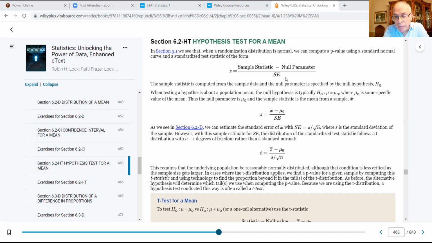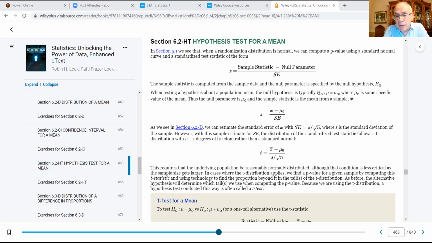Now in this section, and in chapter 6 in general, we're going completely away from StatKey, and we're using formulas. So we're now going to use a formula for the standard error. The problem typically with means is that we don't know the population standard deviation. Typically, we don't know it.